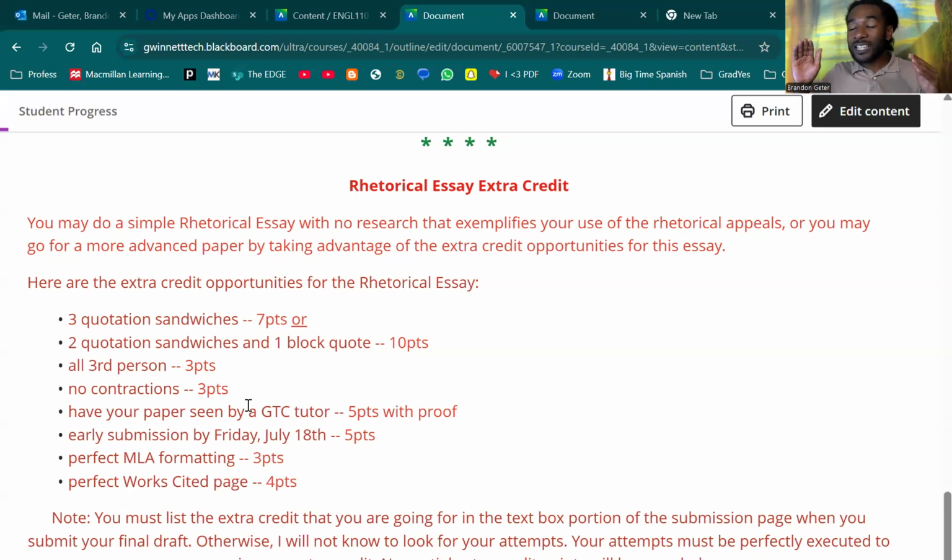Those are contractions. If you can write your whole paper without contractions, you can earn 3 extra credit points. This is a strategy, especially if you are someone who doesn't make the word counts. By taking out contractions, you can probably add like 25 words to your paper.